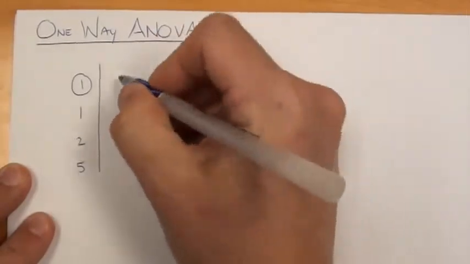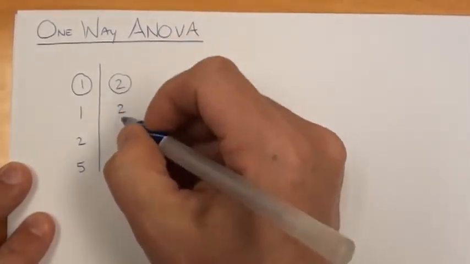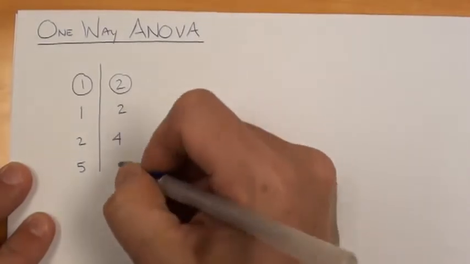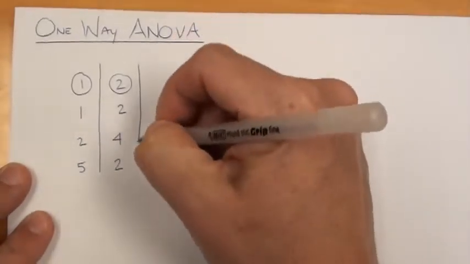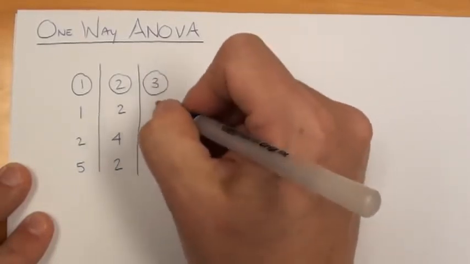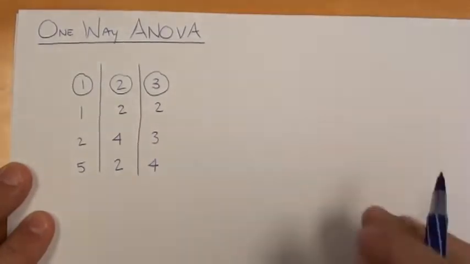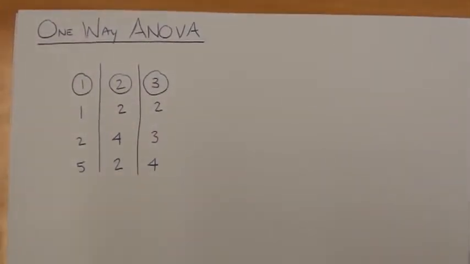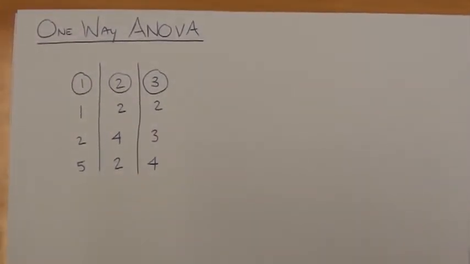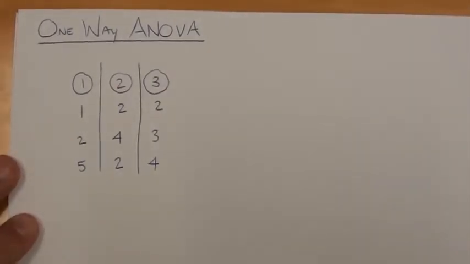Our second group has 3 scores, 2, 4, and 2. And then finally, our third group has 3 scores, 2, 3, and 4. So starting off, here's our initial basic data set for our 3 groups.